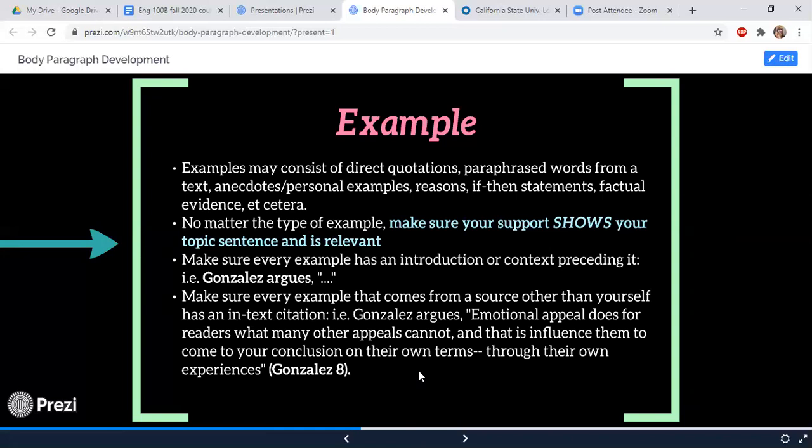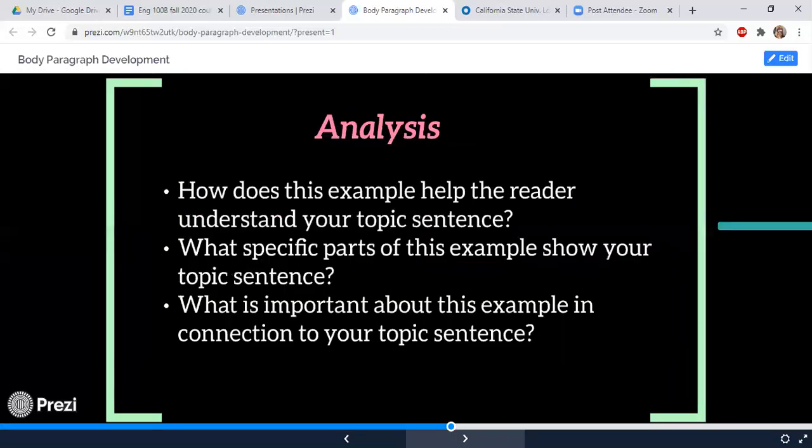Something like that, right? So you want to pull out language from the quote itself so that you can provide that as instances wherein the reader can see the relationship to the topic sentence, okay? So anytime you use a direct quote, please dissect the language in that quote while you're explaining the meaning, okay?